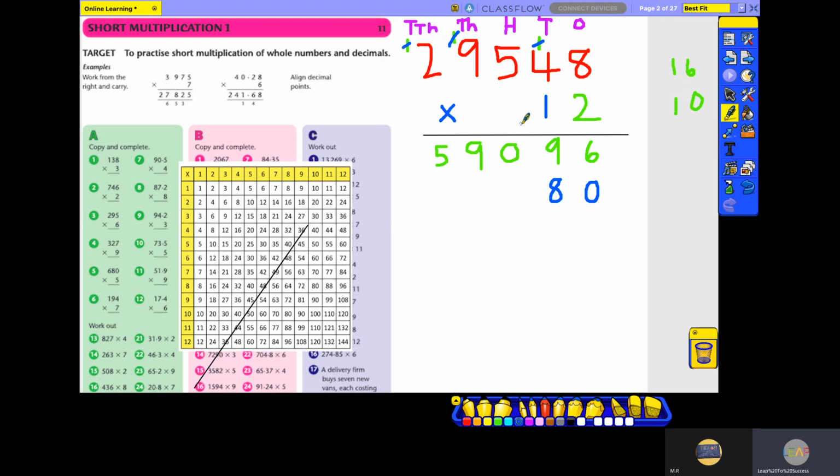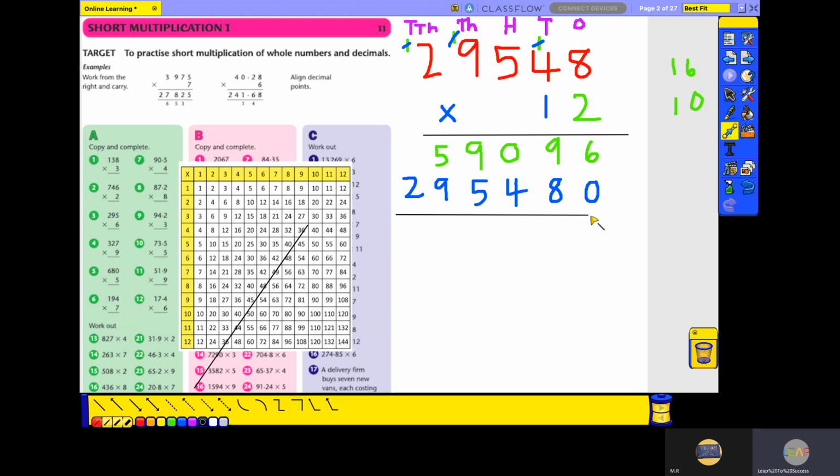I've seen a lot of students make errors because of the presentation. So it's very important you keep it in line, in sync. 1 times 8 is 8. 1 times 4 is 4. 1 times 5 is 5. 1 times 9 is 9. 1 times 2 is 2. Okay.